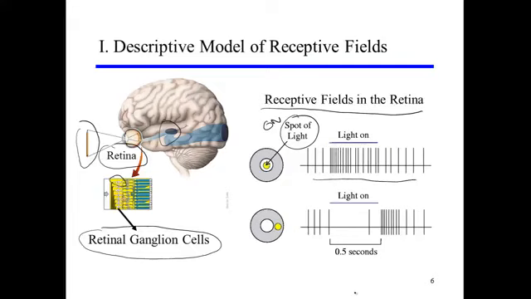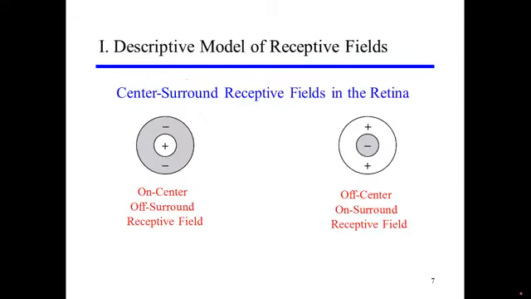And interestingly enough, when you turn on the spot of light in the surrounding area, in this annulus around the center, you might find that the cell stops responding, so it does not generate these spikes. This allows us to define the concept of center-surround receptive fields in the retina.